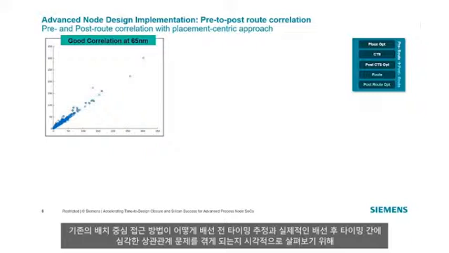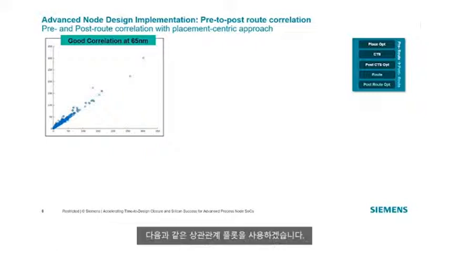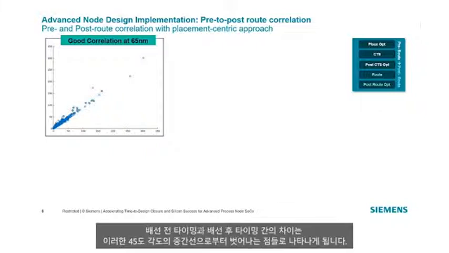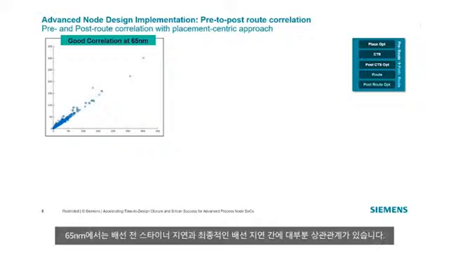To visualize how traditional placement-centric approaches suffer severe correlation problems between the pre-route timing estimation and actual post-route timing, we use the correlation plots shown. Here, perfect correlation would be a single line at a 45-degree angle, while differences in pre- and post-route timing are noted as points that diverge from that 45-degree middle line. At 65 nanometer, the pre-route Steiner delays versus final routed delays are mostly correlated.